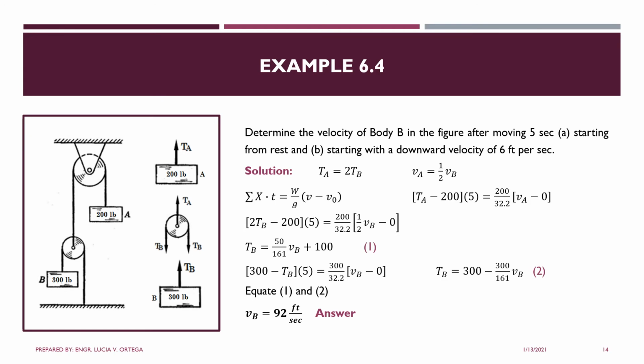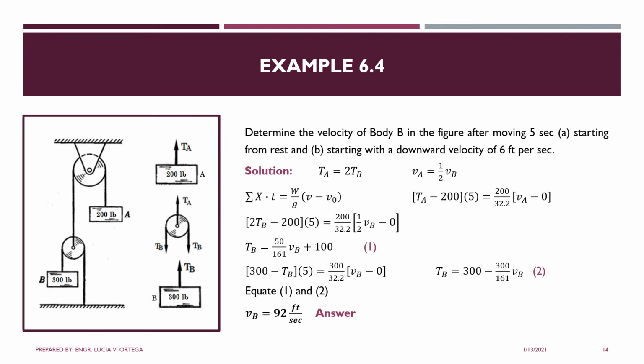Now, let's apply the impulse momentum equation. There's a correction to the first PDF I gave you. It should be V minus V sub O. The one I gave to you is V squared minus V sub O squared. That is for kinetic energy. Applying it first to block A, T sub A minus the weight times time is equal to the mass, which is W over G times V sub A minus 0.